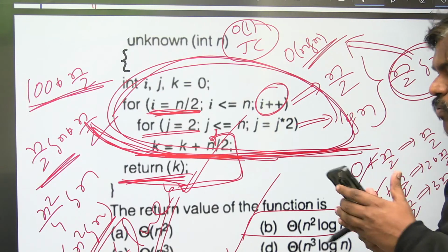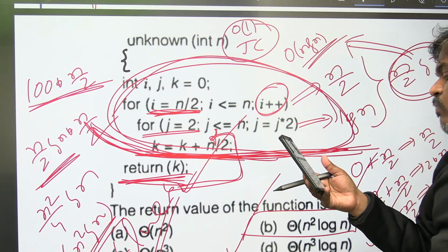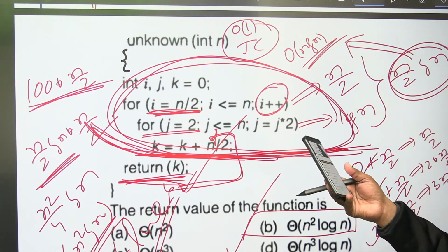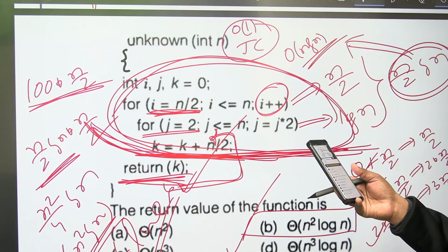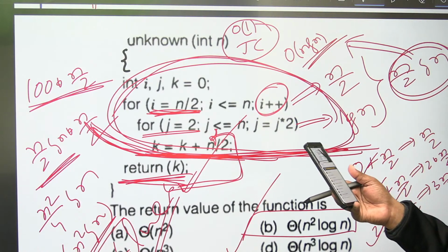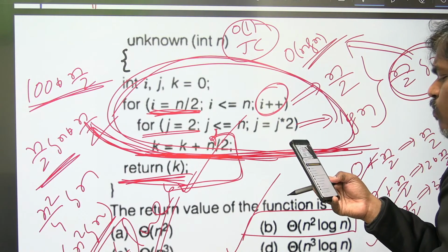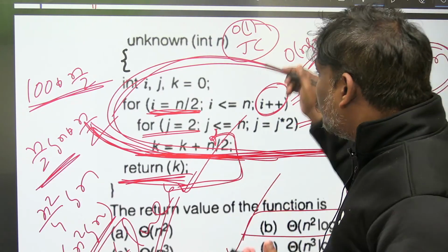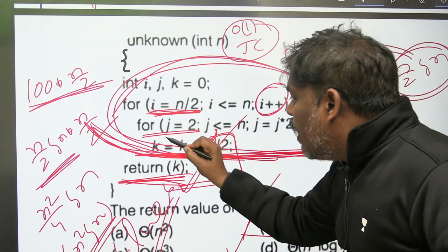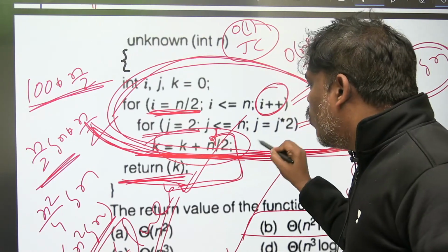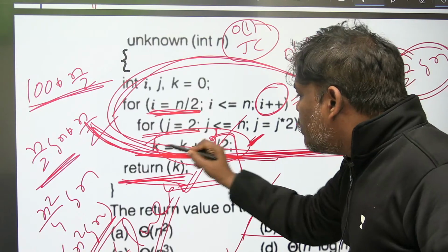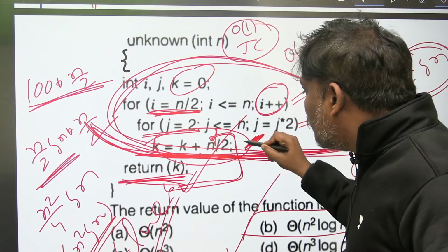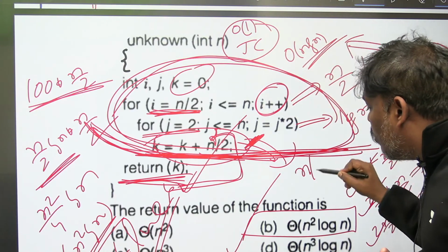Can you say what is the value? Time complexity 1, but what is the value? Time complexity is 1, but value is k is equal to k plus n by 2, one time you are already done. k value is already 0, 0 plus n by 2, one time you are done, n by 2.